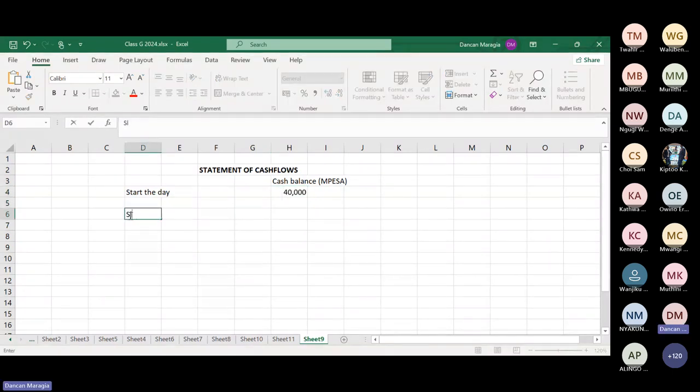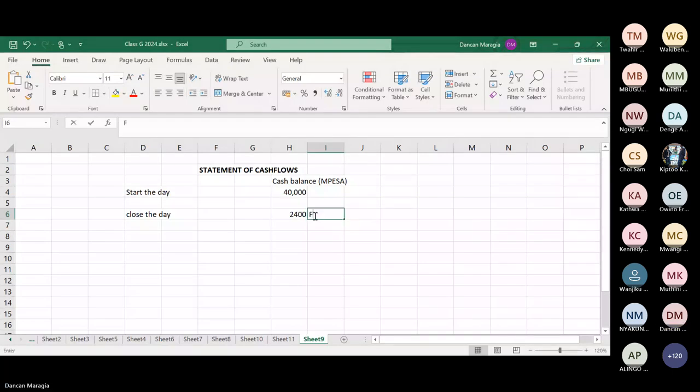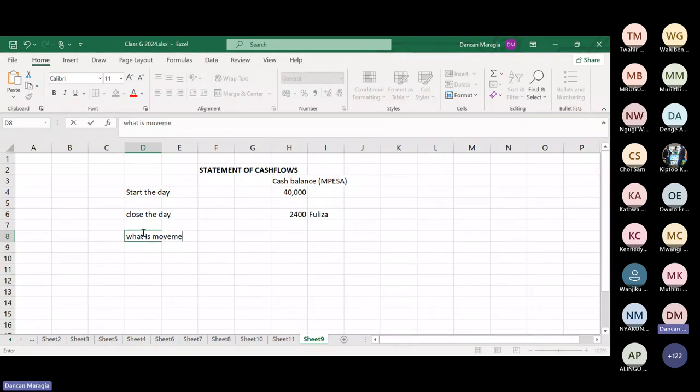By the time you are closing the day, you have 2,400 Fuliza in your M-Pesa statement. So what is your movement in your cash? Only M-Pesa. What is the net movement in your cash balance of M-Pesa?